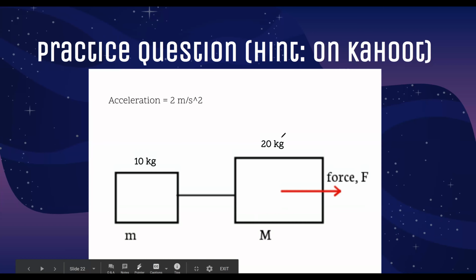If you guys can put it in the chat, it will be really helpful. Just put in the chat what you think I should draw for the free body diagram for this 20 kilogram block, other than the applied force which is already drawn.